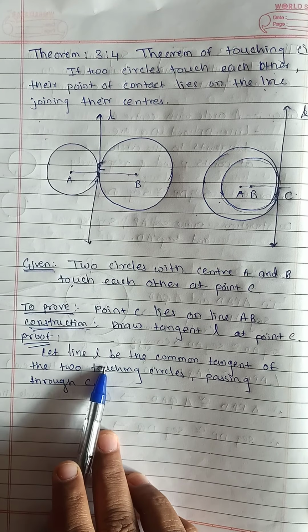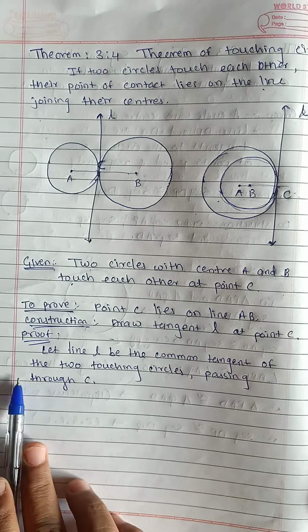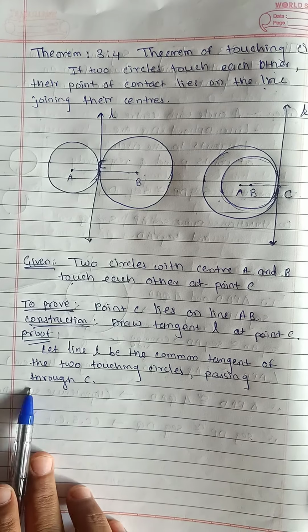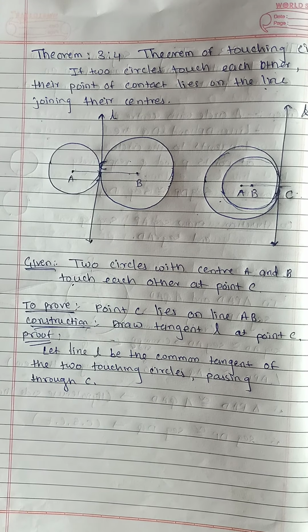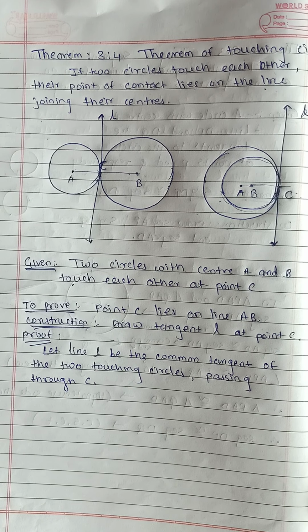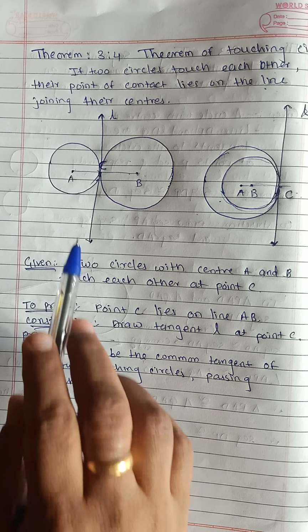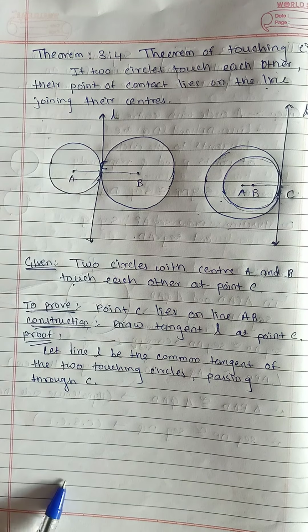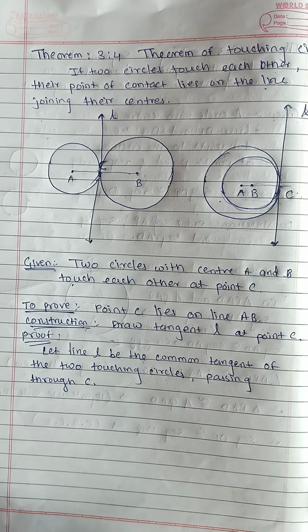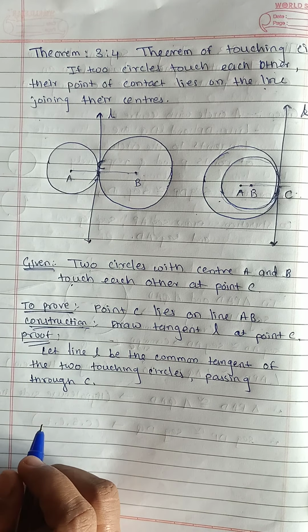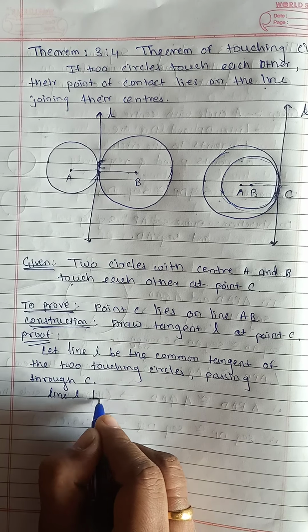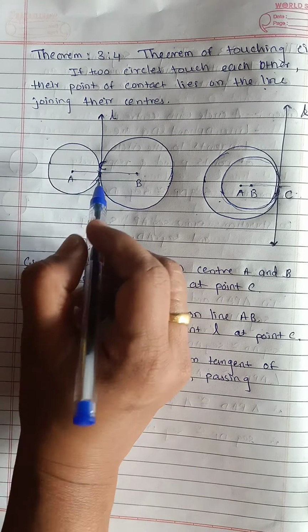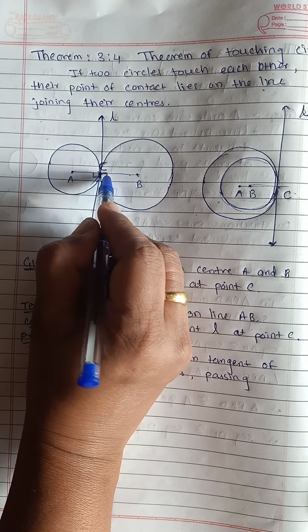Let line L be the common tangent of the two touching circles passing through the point C. So L is the common tangent which passes through C and is common to the two touching circles. Now according to the tangent theorem, line L is perpendicular to radius AC, that is seg AC.